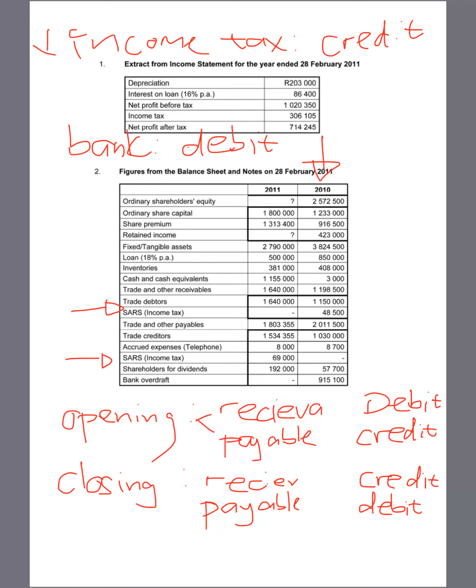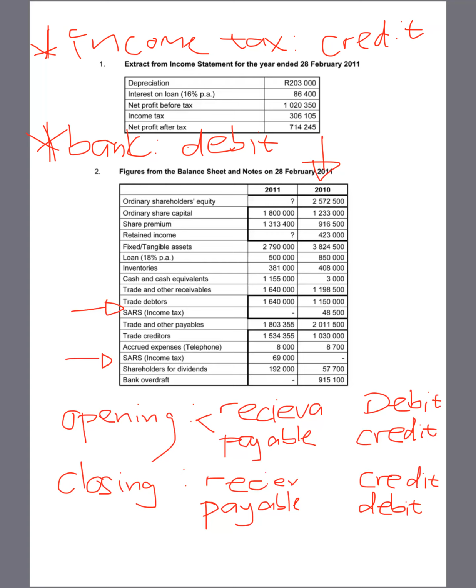So these two don't change. My bank, I'm always going to debit it. Income tax, I'm going to credit it. But my opening balance and my closing balance always depend on whether they're under trade and other receivables or trade and other payables. Are you with me? Yes.